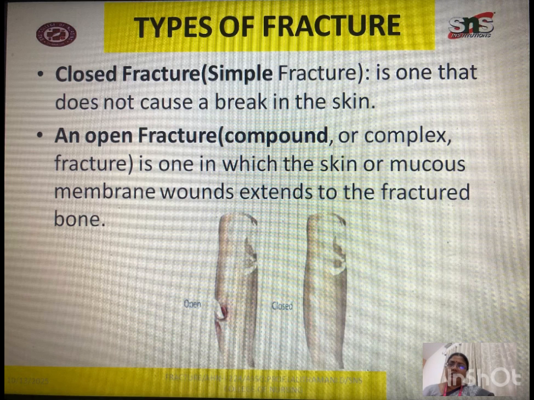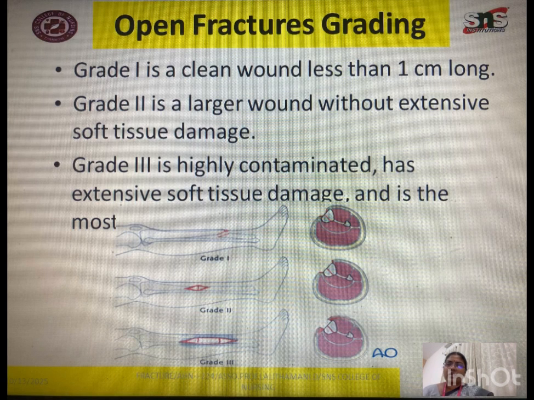Here we call it another category, the closed fracture and open fracture. A closed fracture is also called a simple fracture, where the skin is not broken, and in an open fracture the skin is opened and exposed.